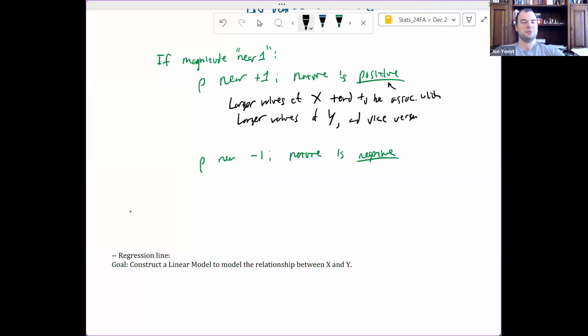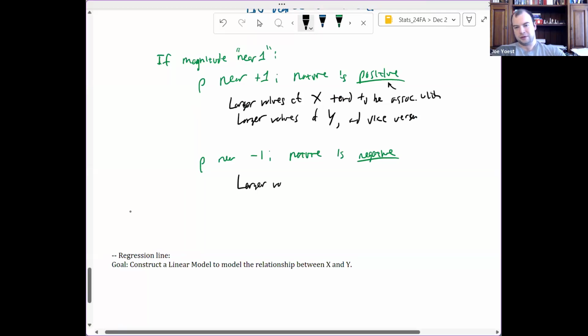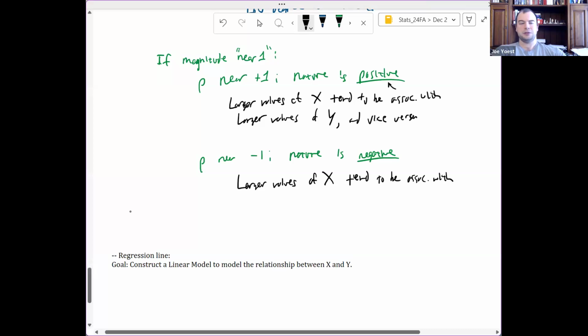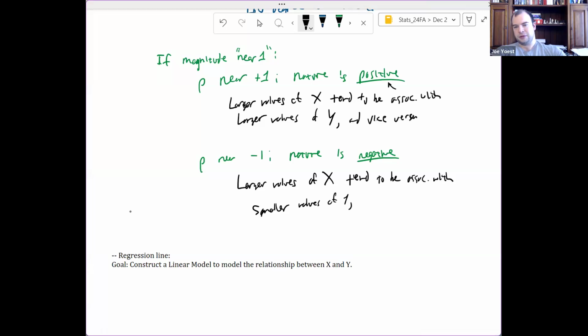A negative relationship is the opposite. Larger values of x tend to be associated with smaller values of y, and vice versa.